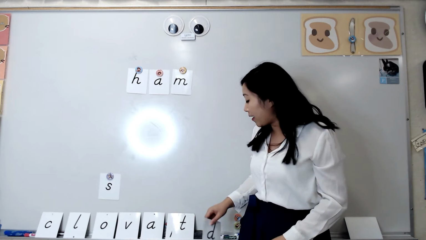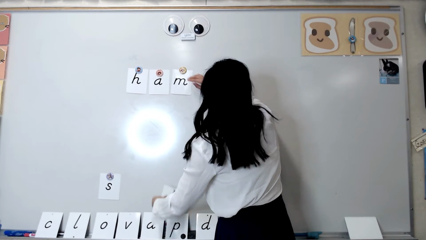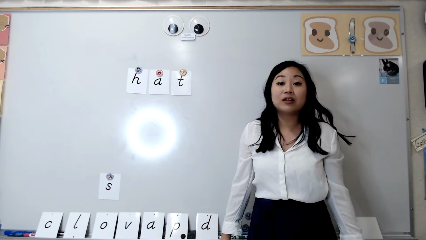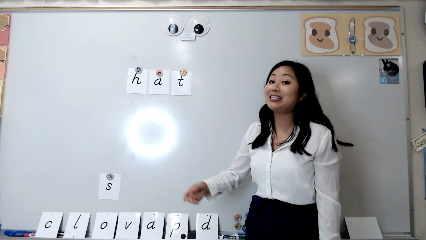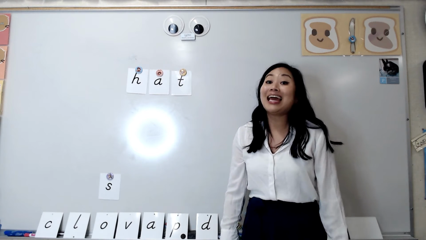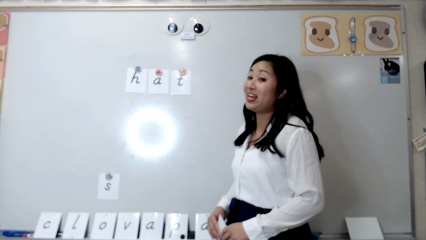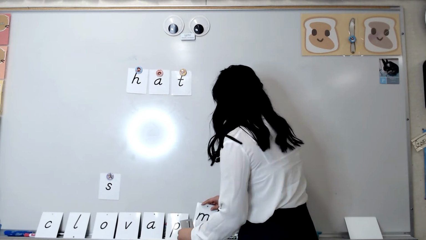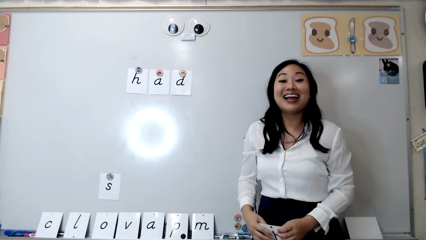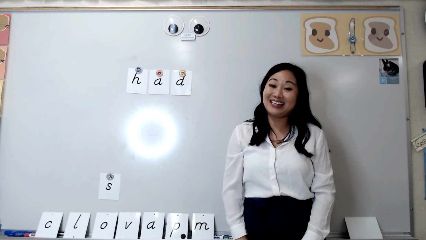Well, what if I change the M to a T? Does that spell had? No, now it says hat. The letters matter, and if it isn't spelled H-A-D, then it doesn't spell had. There. Now it spells had again.